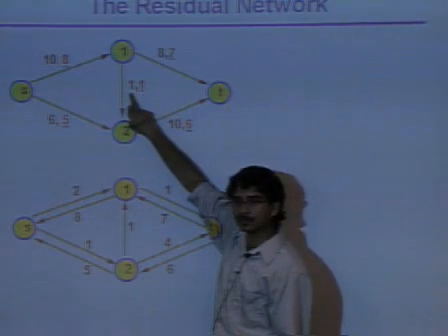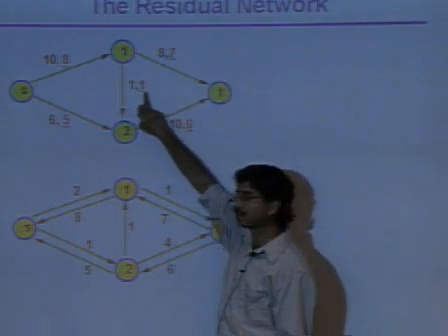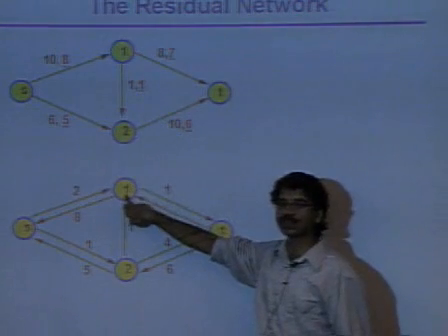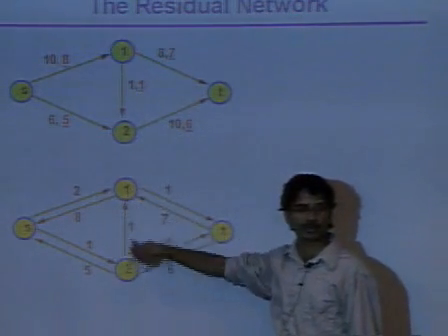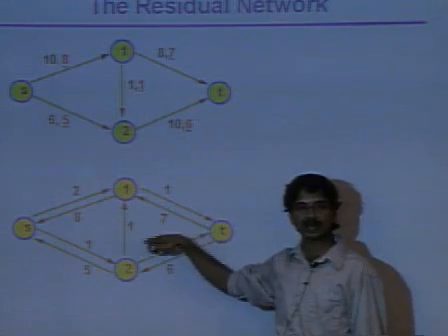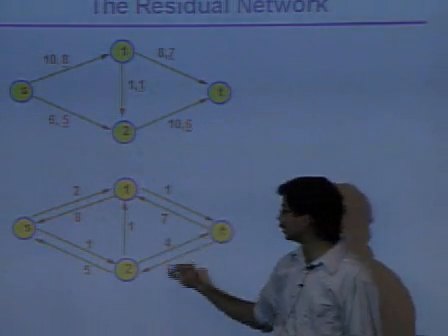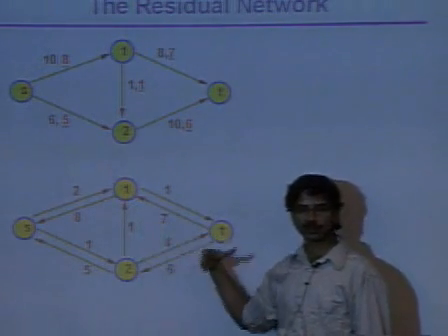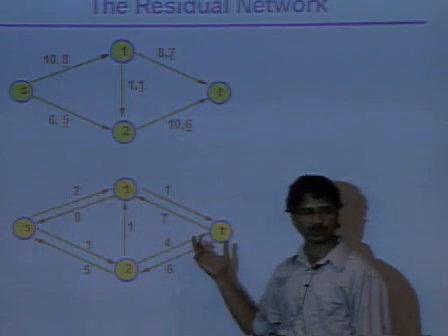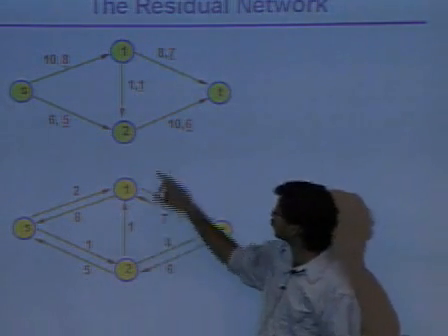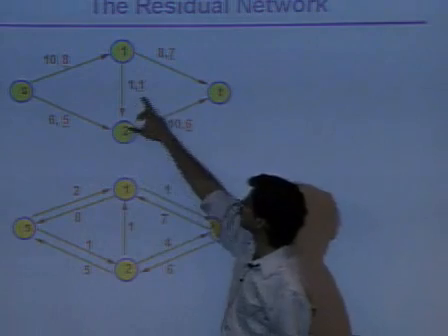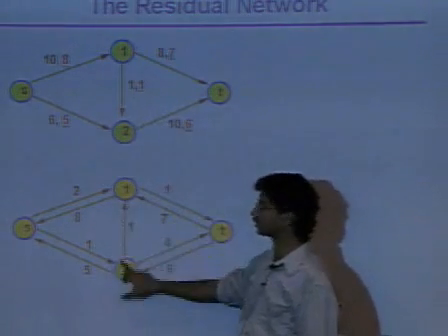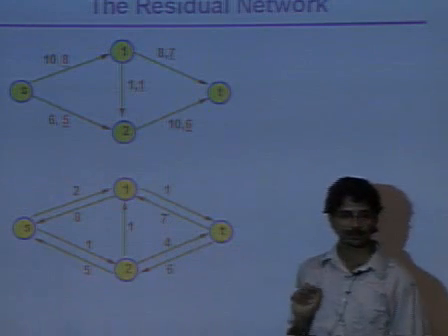It has a capacity of 1 and 1 unit is already sent. So there is no way for you to send anything from 1 to 2. You cannot use that arc in that direction any further. So we could draw that arc with a capacity of 0, but we just choose to omit it. Whereas you do have the opportunity to decrease flow along that arc, and that's represented by this arc from 2 to 1.